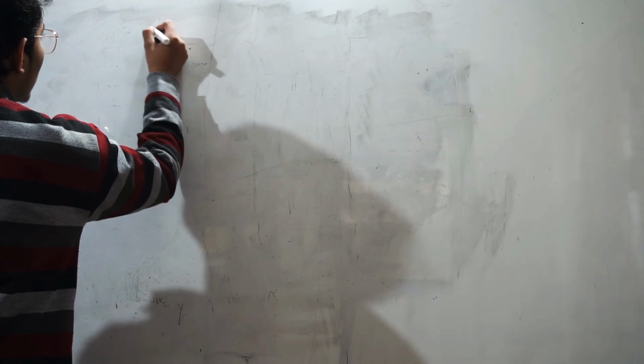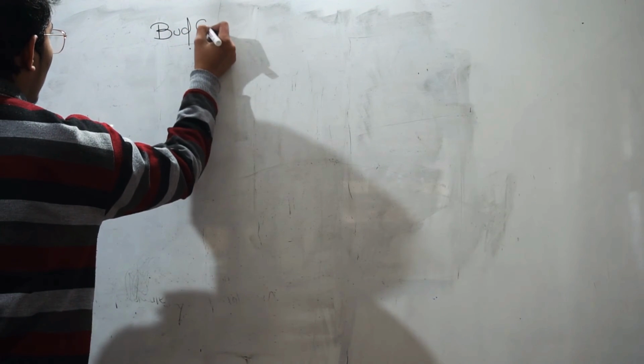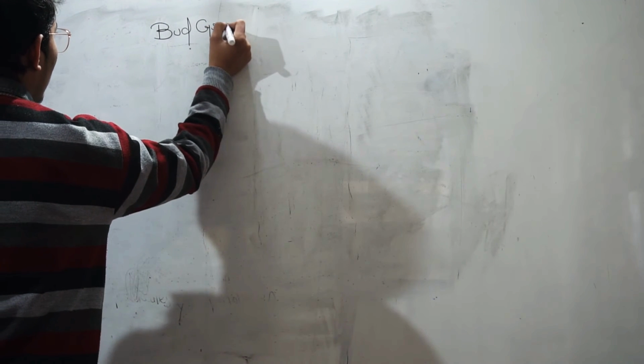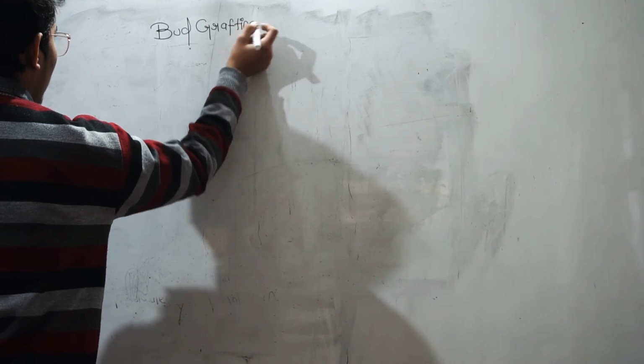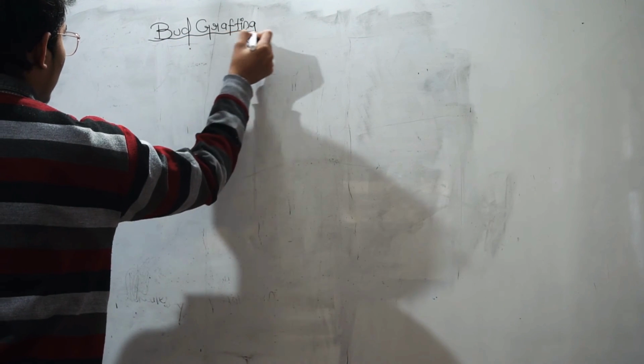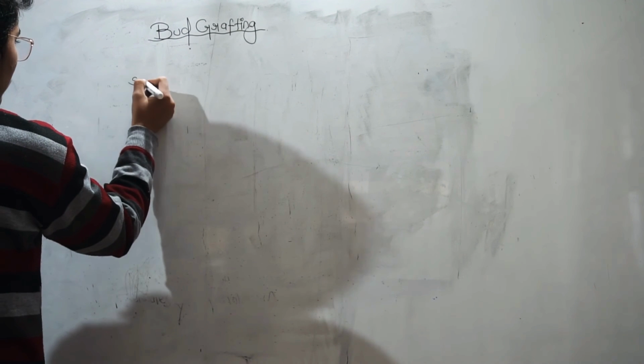Now I have discussed the four types of leaf budding, and after this I am dealing with bud grafting. Bud grafting is done by the scion.